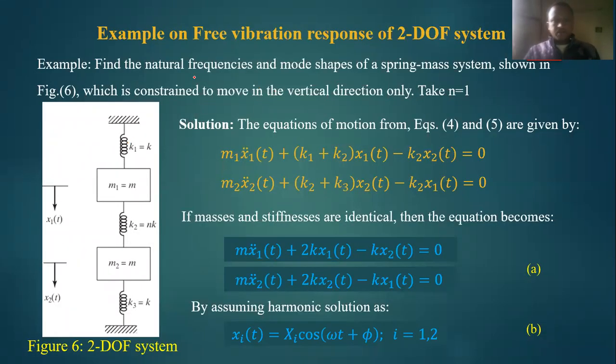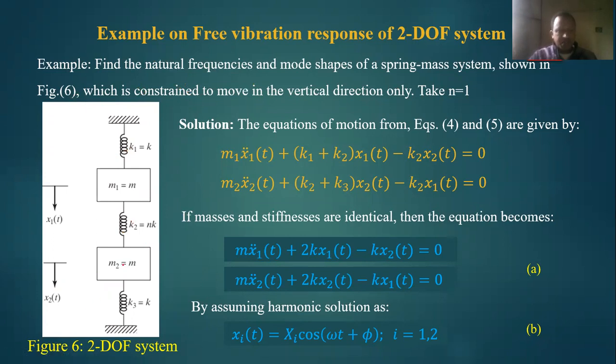Now some examples on free vibration. Just taking a simple example. Example of free vibration: find the natural frequency and mode shape of the spring mass system shown in figure 6.